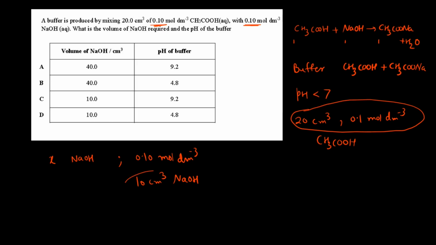So this will be the volume of sodium hydroxide required, and the pH will be less than 7. So the answer is option D.